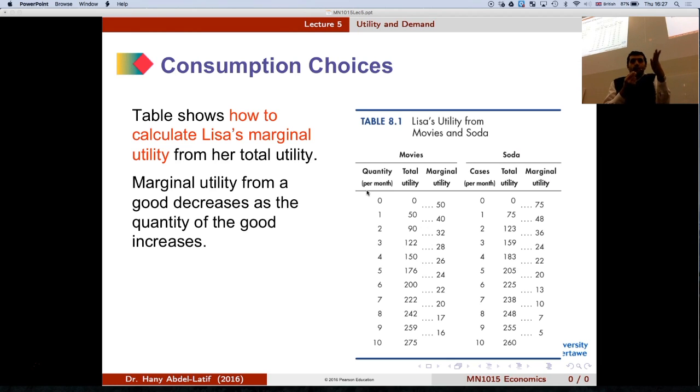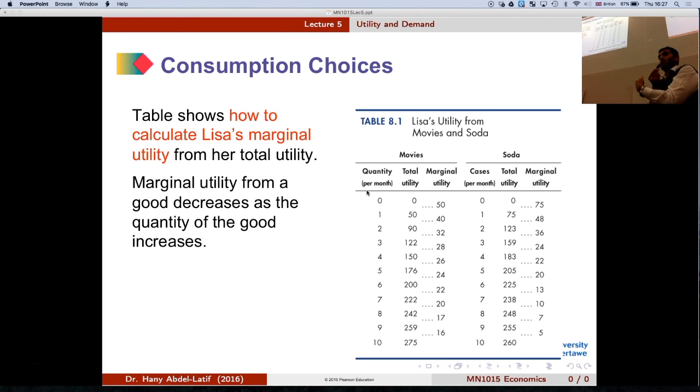So for example, look at the third movie. The three movies together give you total utility 122. But what about the third movie itself? It's the change in the total utility. The total utility before the third movie was 90, and after the third movie it became 122.